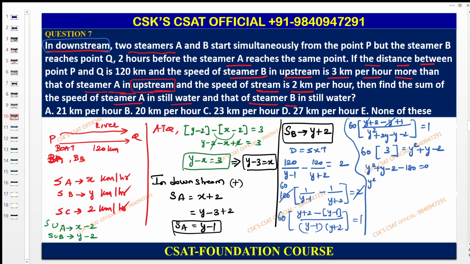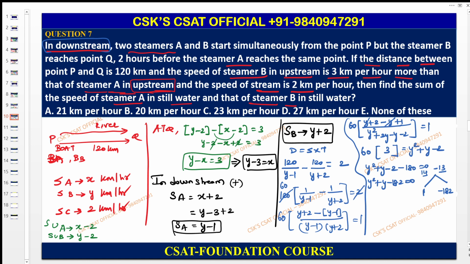So 60 here. Now in the denominator you can multiply here: y square plus 2y minus y minus 2. In the numerator you are bringing that negative sign inside the bracket, so minus y plus 1. Now plus y and minus y get cancelled here.